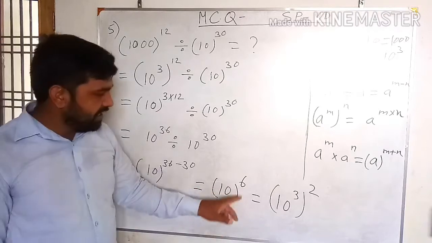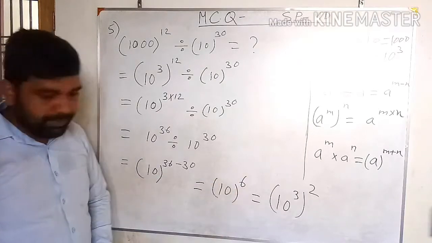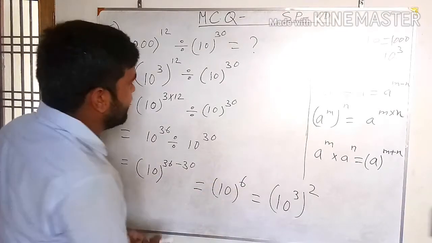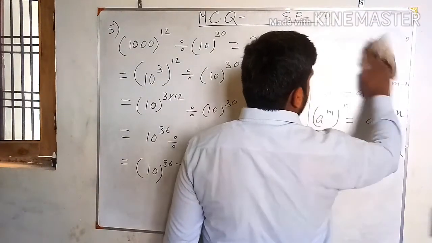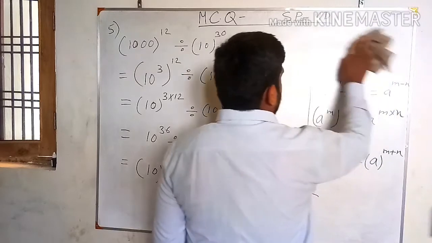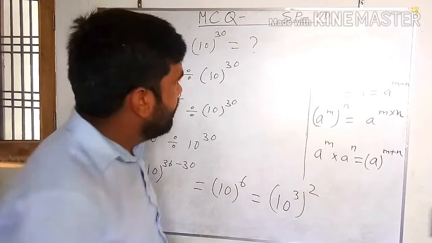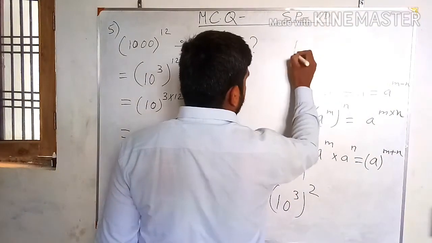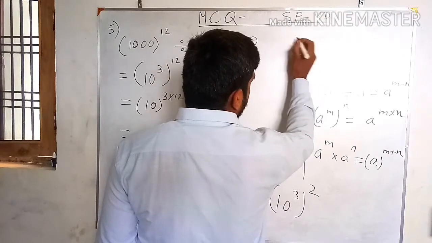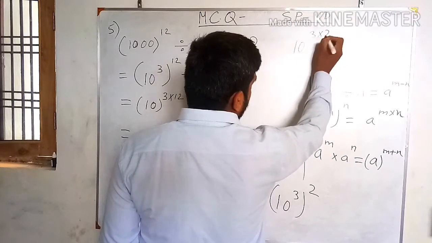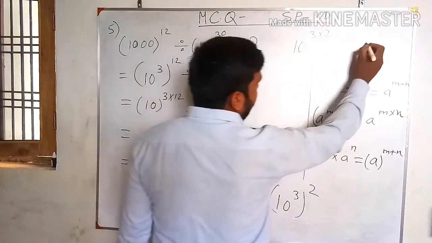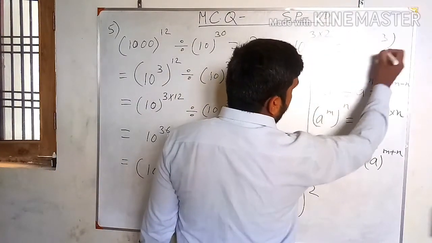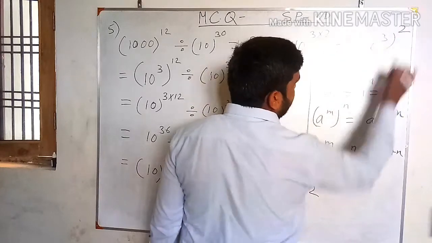Similarly, 10 to the power 6 we can write as 10 to the power 3 multiplied by 2. Now this 3 we bring over the power of 10, and this 2 we raise over the whole power.